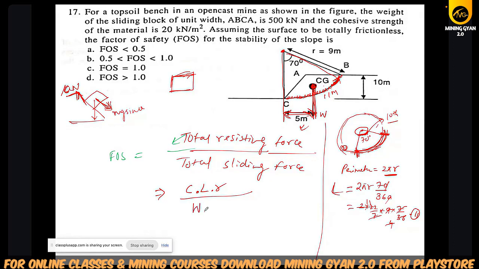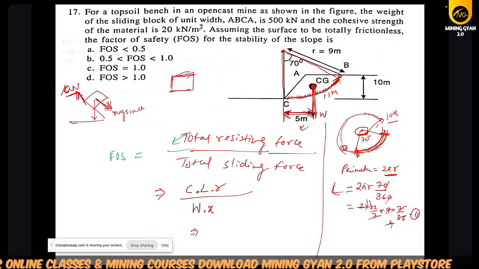So the weight multiplied with x. The cohesive force they have given us is 20 kN per meter.